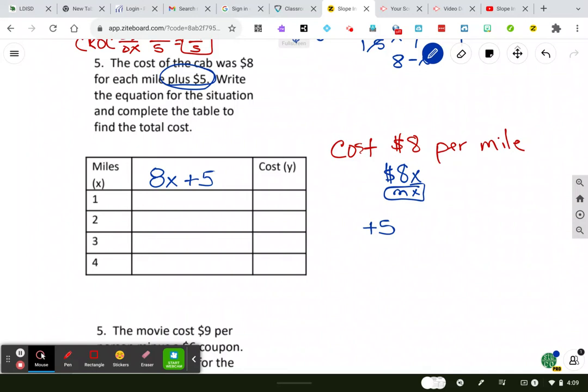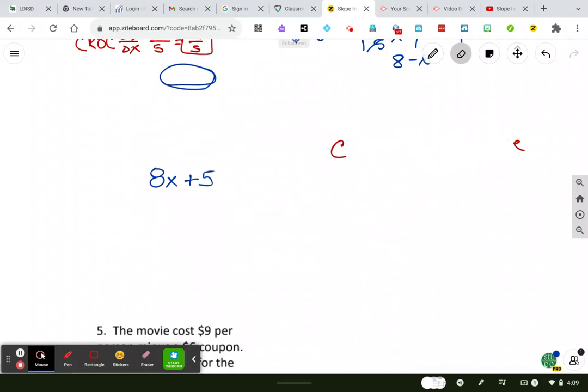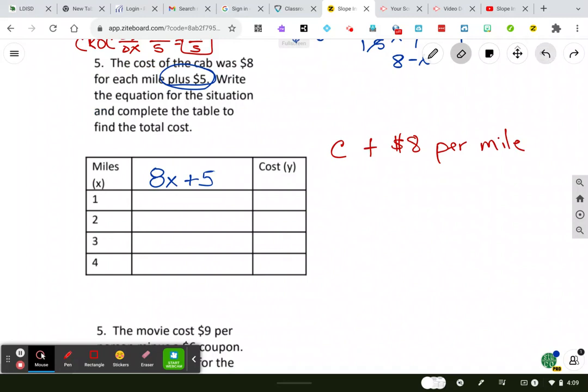They're just saying add $5 each time. So now you just do the same thing that you've been doing. Okay, so let's plug in these numbers. 8 times 1 plus 5, 8 plus 5 is 13.